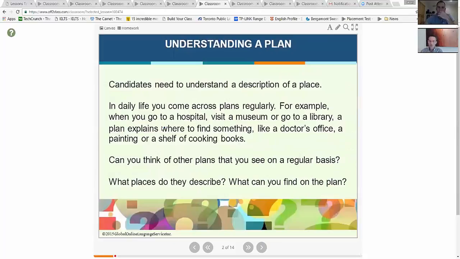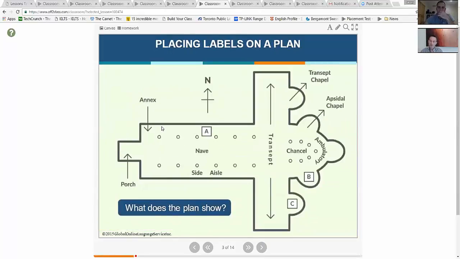So I'll go through, and what I normally do is introduce a similar plan. This is probably a little more complex than what would appear on an IELTS exam, but get the students to start thinking about all of the language that would be in this. Try to identify what this plan is, where those labels are, and really seek out how good the student's ability is to take you, for example, from the porch.